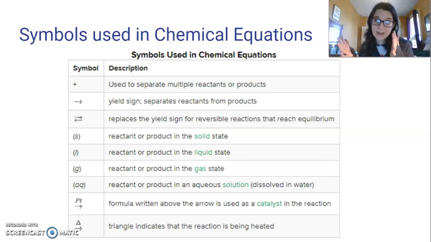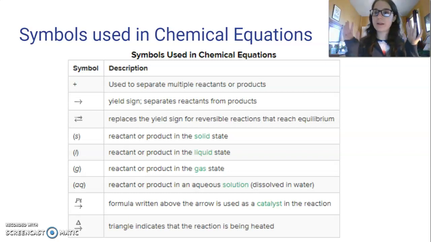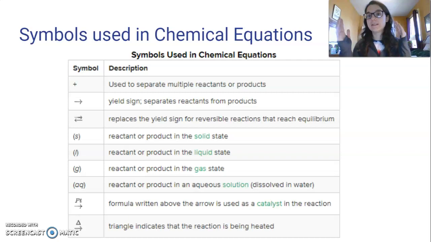Usually, most reactions actually have a forward reaction and a reverse reaction. So as you make products, those products can basically come back together to go back to reactants. So that would be the reverse reaction from right to left, okay?